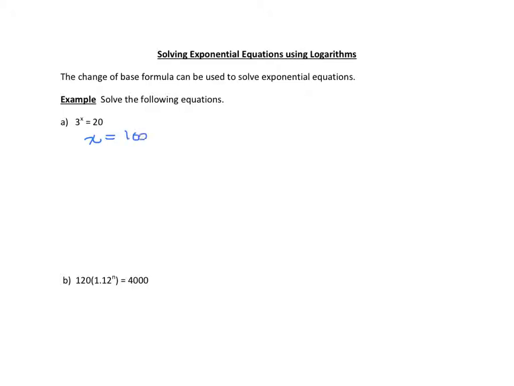So x is equal to log 20 base 3. Now using your change of base formula, we can evaluate this as log 20 divided by log 3 with your calculator and find that x is approximately 2.73. Pretty easy.